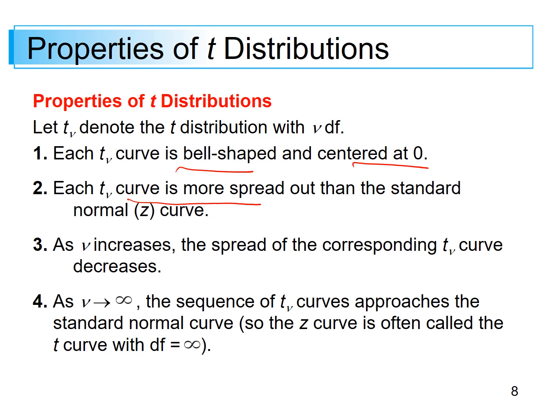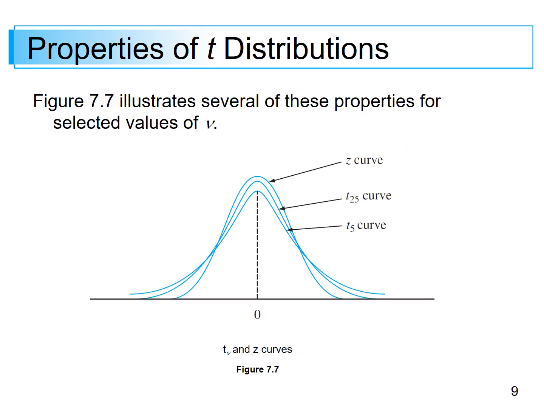Third, as the degrees of freedom increase, the t-curve becomes less spread out. And fourth, as the degrees of freedom approaches infinity, the t-curve approaches the standard normal curve. Let me show you what it looks like graphically.